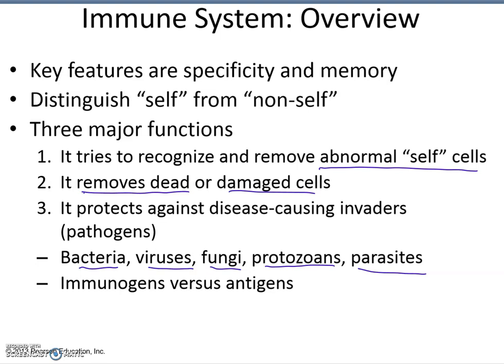And here the last point is immunogens versus antigens. An immunogen is a molecule or substance that causes your immune system to react. An antigen is something that causes your immune system to make an antibody. So antigen is more specific. An antigen is a substance that causes the formation of antibodies.